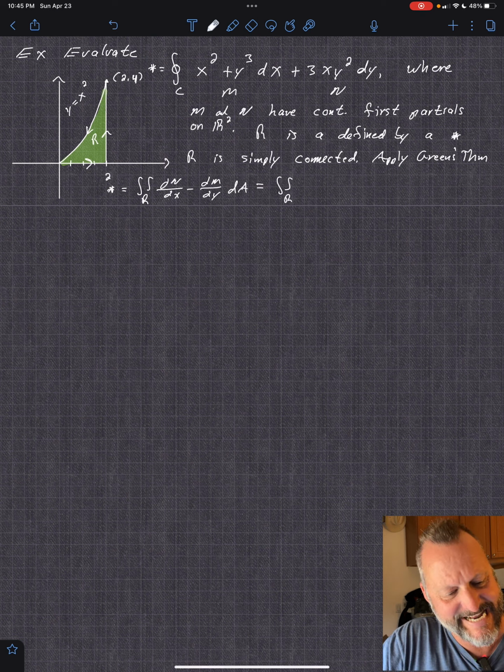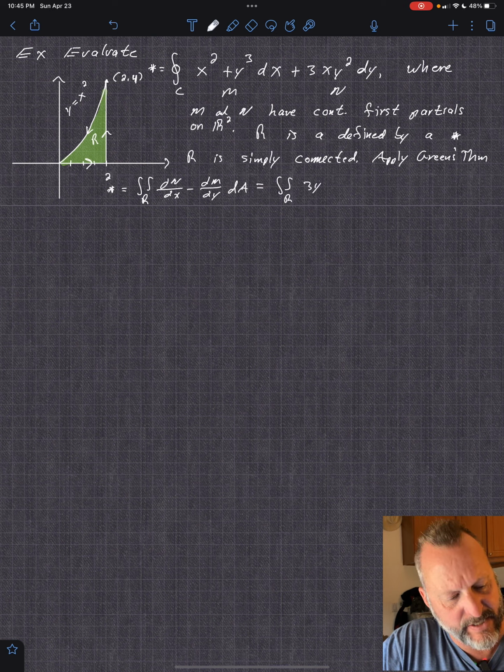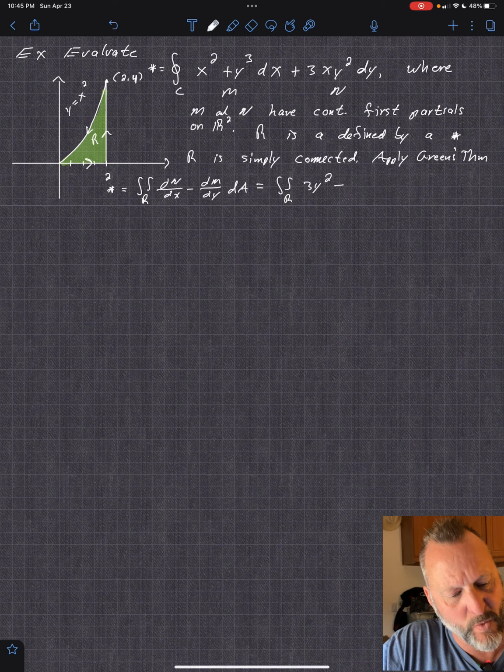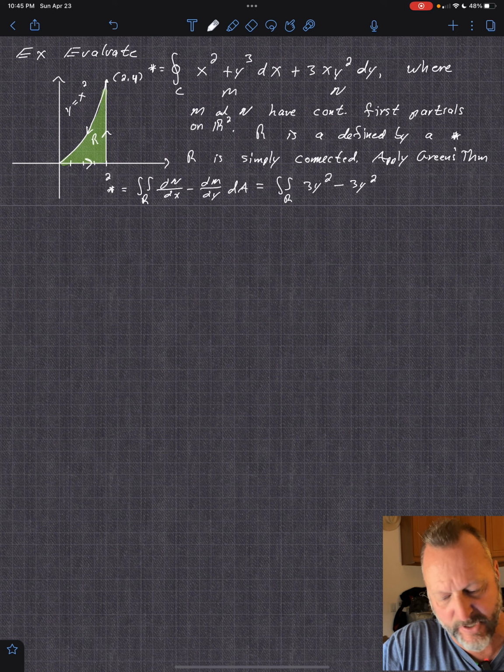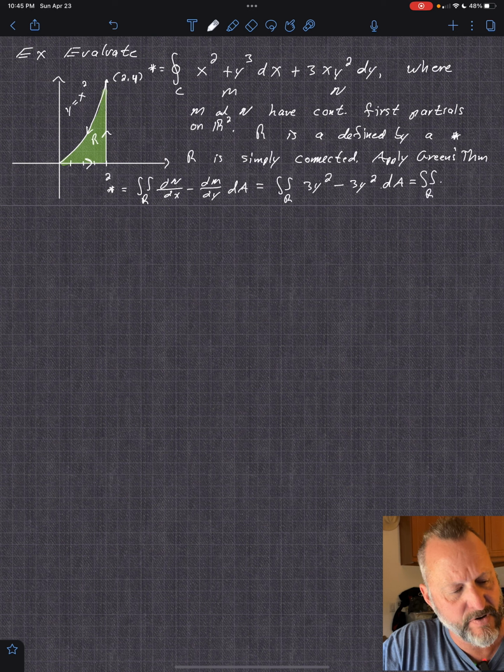Partial N with respect to x is 3y squared minus partial M with respect to y is 3y squared dA. And do you see what you get? You get the double integral over R of 0 dA, which of course is 0.